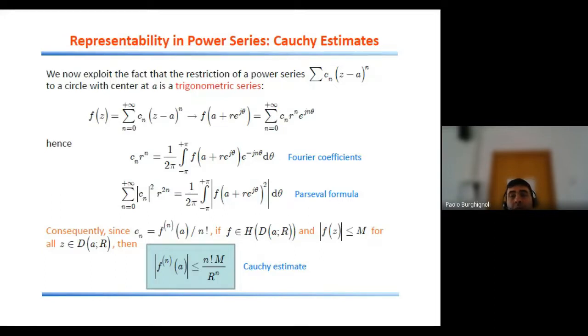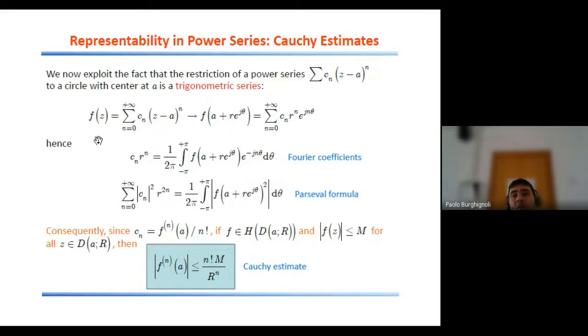Let us see some other important consequence of the representability in power series, the so-called Cauchy estimates. It's useful to observe that any power series in the complex plane can be seen as a trigonometric series.